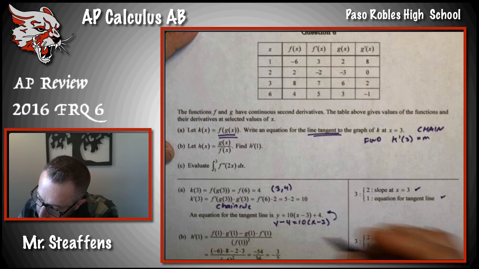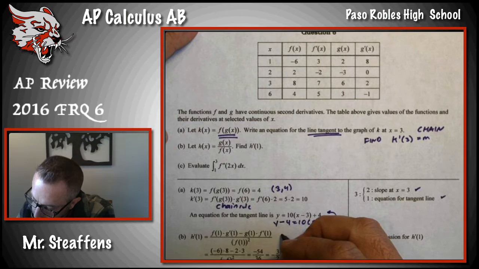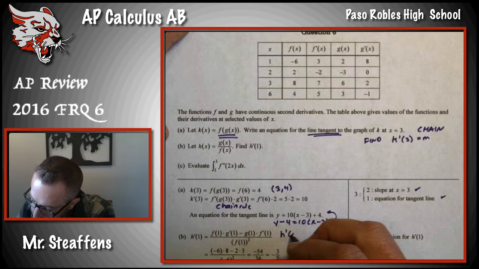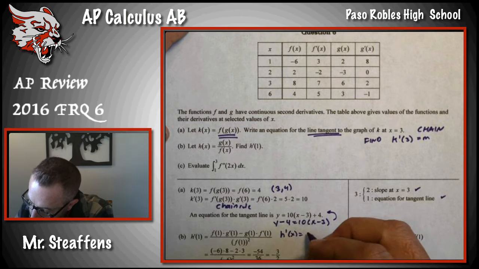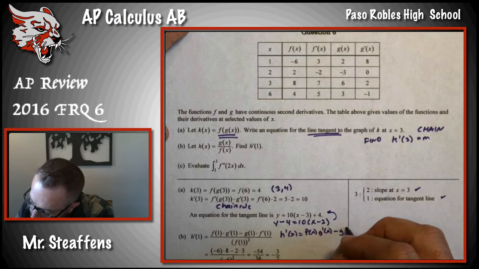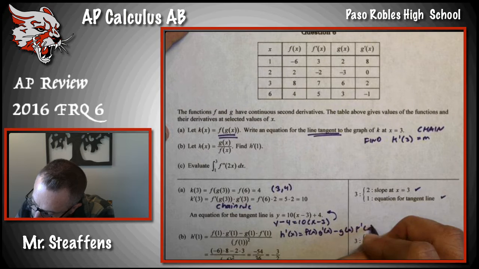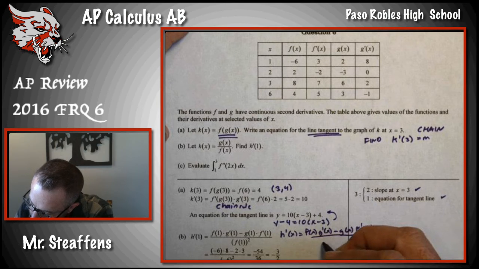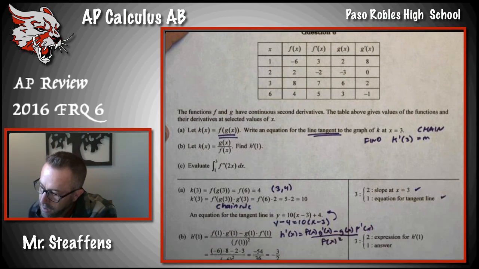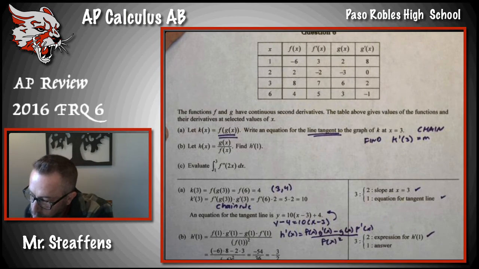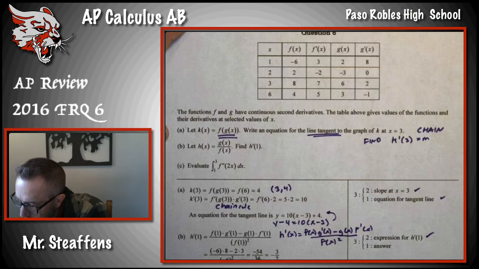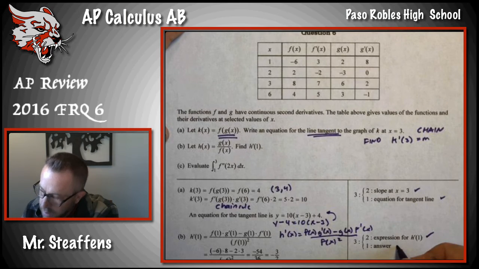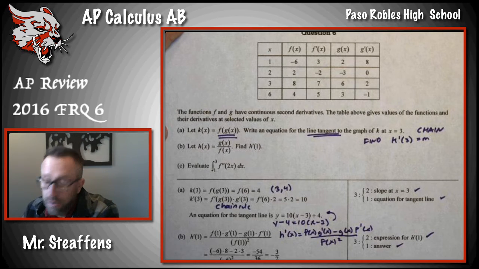I'm guessing you could have just said, I need h prime of x equals f of x times g prime of x minus g of x times f prime of x, all over f of x squared. Then you plug the 1's in. That would have gotten you that. And if you correctly calculate all of this using your amazing numerical sense, you would have gotten -3/2.